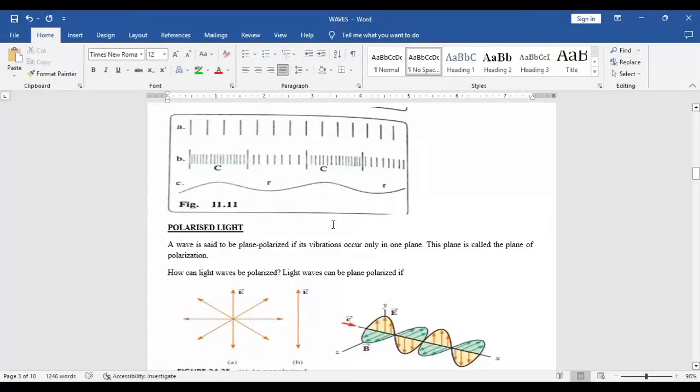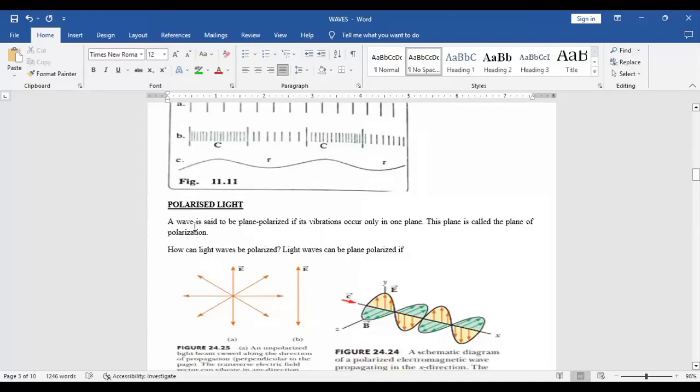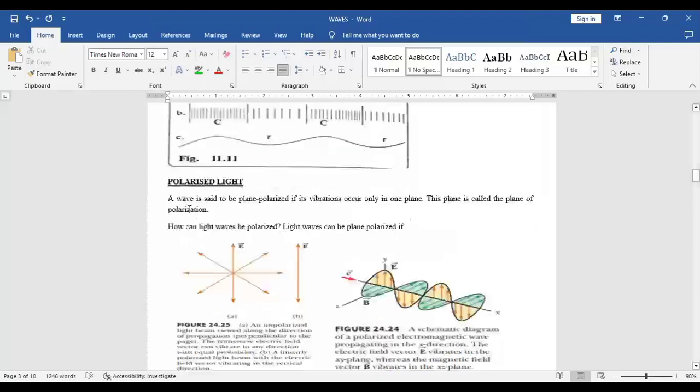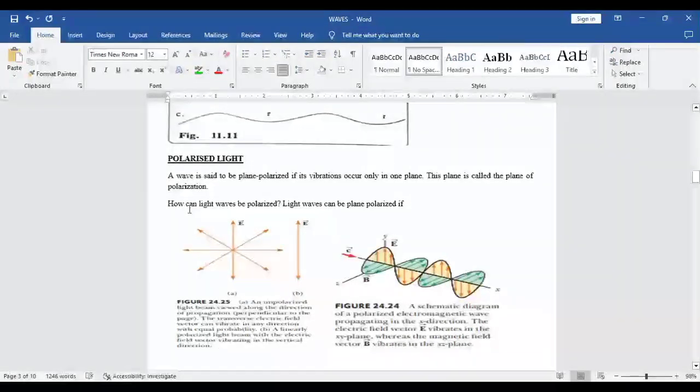All right. The next thing we are going to look at is polarization. Before I continue, I want us to look at this figure here, figure 24.25.